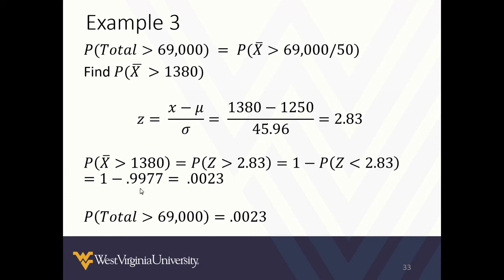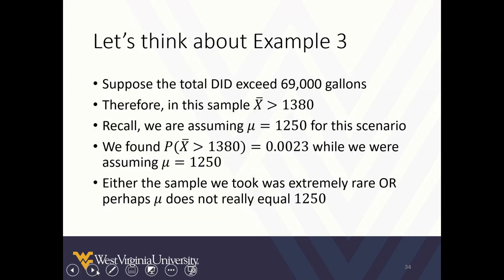We get that from the z table, which will equal 0.0023, or in other words, 0.23%. So the probability of our total being greater than the 69,000 gallons would be 0.23%, which we can see is pretty rare.